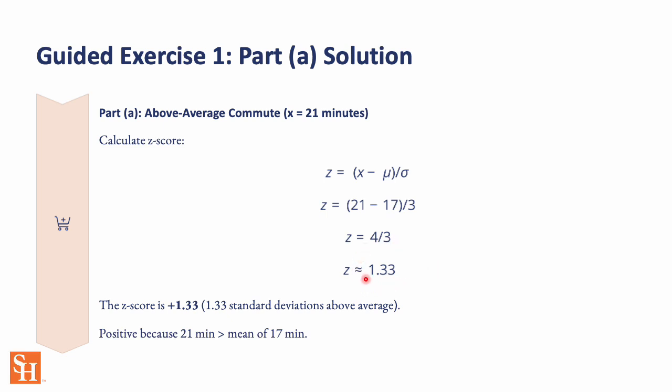And here the value for z is positive. Why is the value positive here? Because the average commute time was 17 minutes, and 21 minutes is above 17 minutes. Therefore the Z score associated with a 21-minute commute time is positive. And in the next slide we will see, if we have a Z score, how we can calculate the raw score.